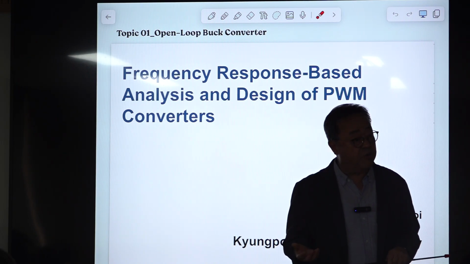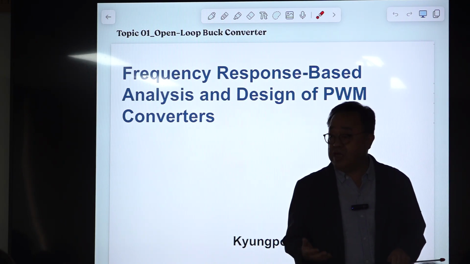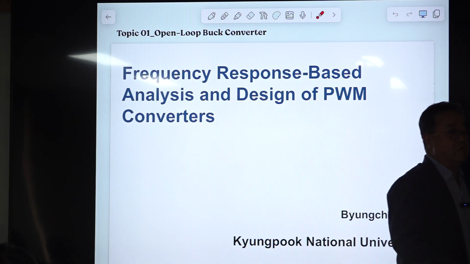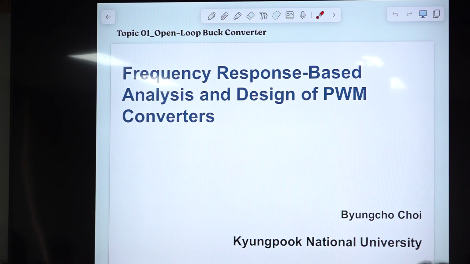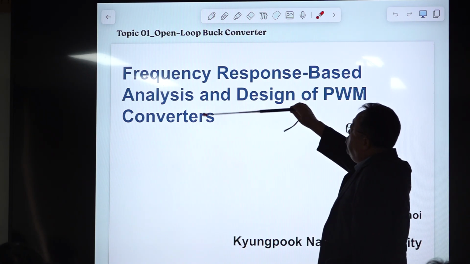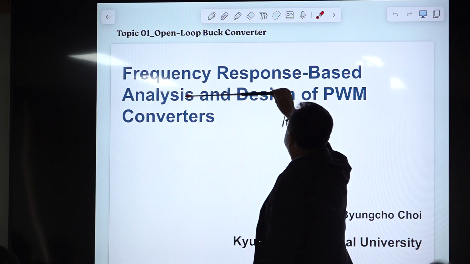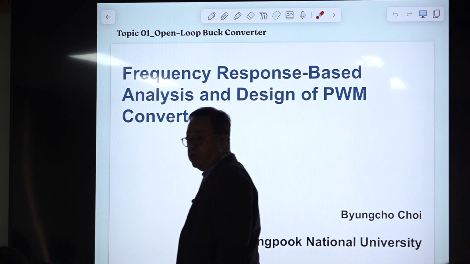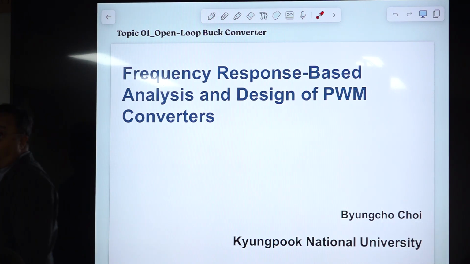So frequency response is a well-known technique, with well-known definitions and applications. During your undergrad course, you should have learned that several times, repeatedly. But you know how to apply this frequency response technique to a linear time invariant system, and what you are dealing with this semester is not a linear time invariant system.